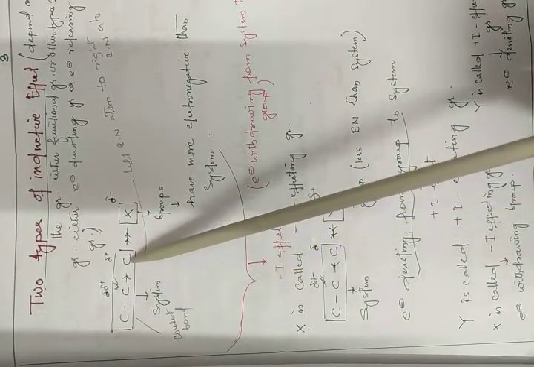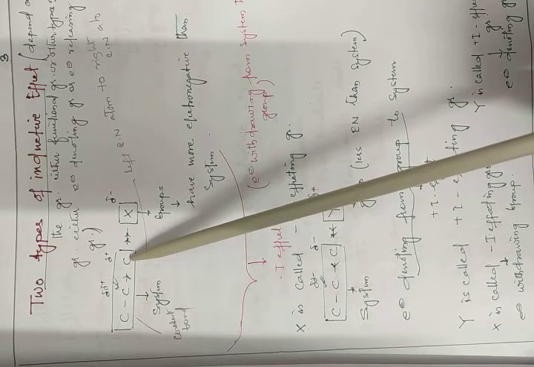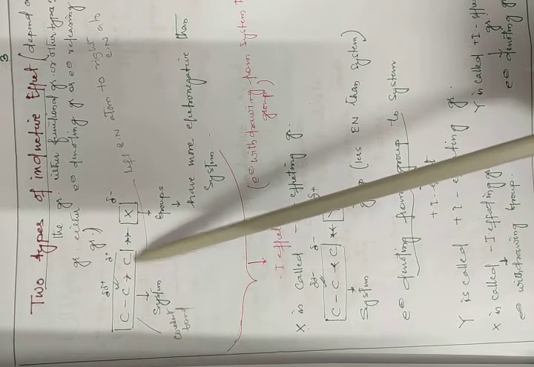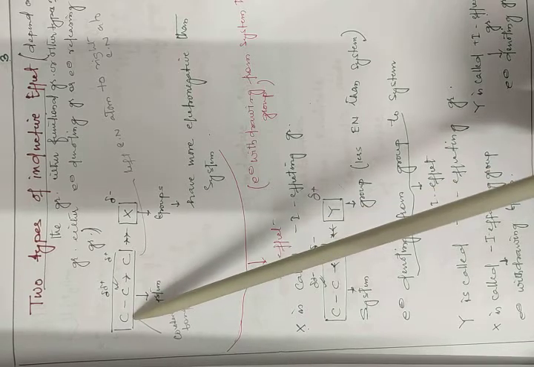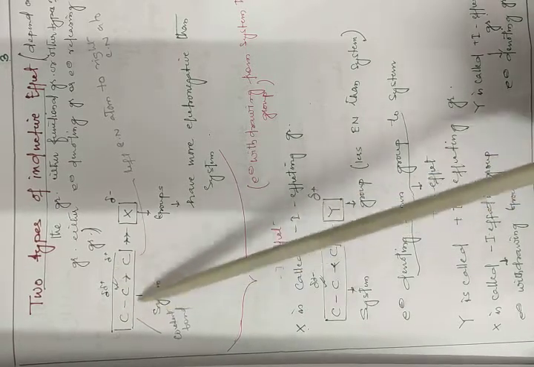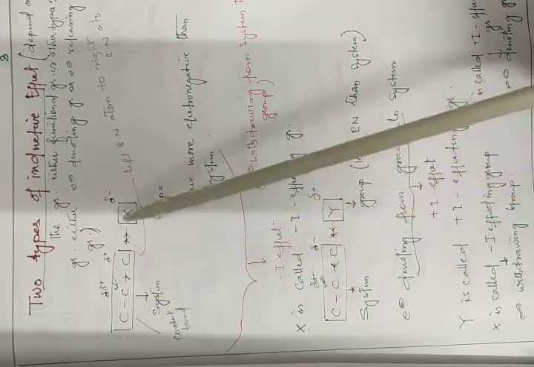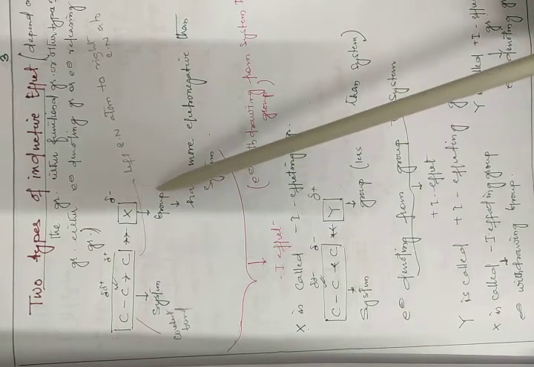Now here this one will have a more electronegative atom compared to this. So this one is least, and then this one is less. Now these three are the system, and this one will be the group.